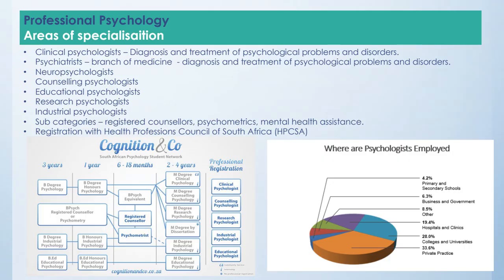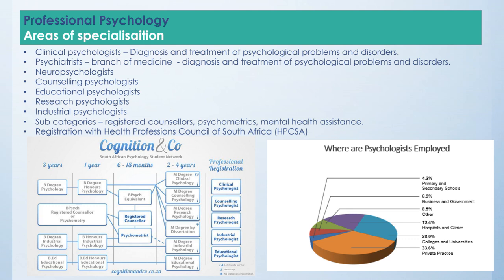If you want to be a psychologist, there are different areas of specialization, and you'll see as we move into further years. To become a psychologist, you've got to do your undergrad, your honors, your masters, and then your community internship. But even within psychology, you have clinical psychologists who treat psychological problems and disorders.